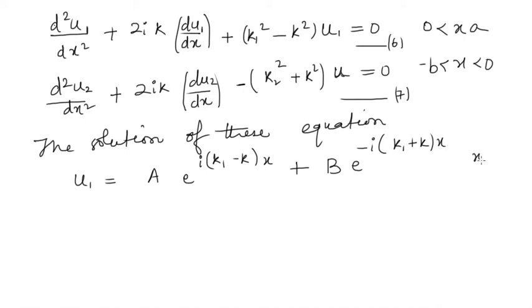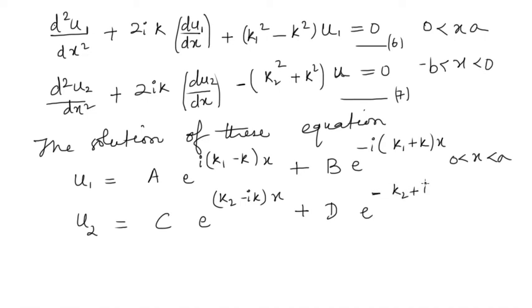One can check that, just straightforward. u2 would be c e to the power (k2 − ik)x, now this is exponentially decaying and growing, plus d e to the power −(k2 + ik)x, when x is from −b to 0.